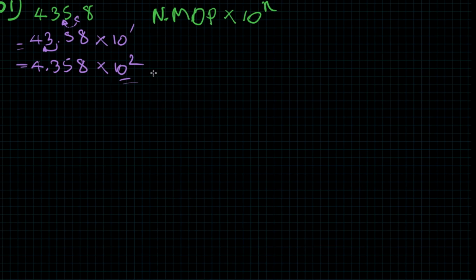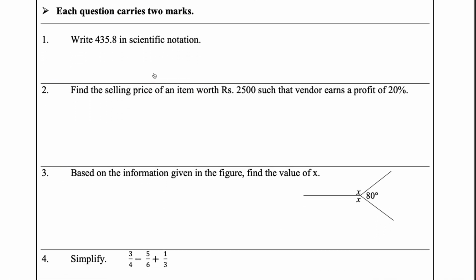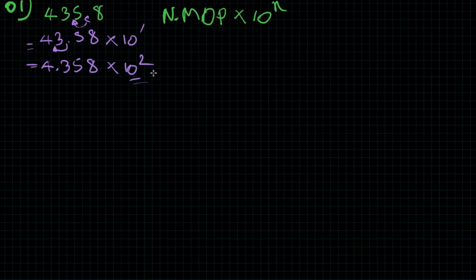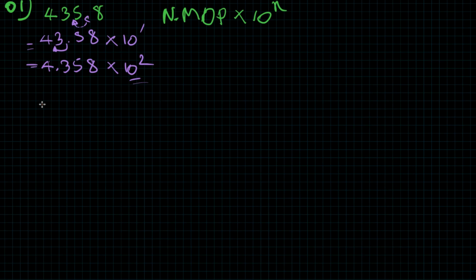Okay, let's get to the second question. The second question is asking to find the selling price. The worth of the item is 2,500 and the profit margin is 20%. For the second question, let's select this color and number 2.